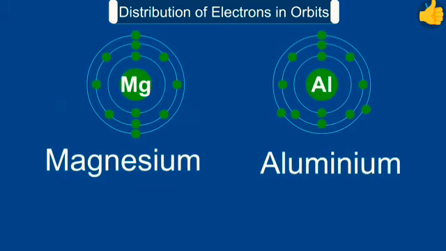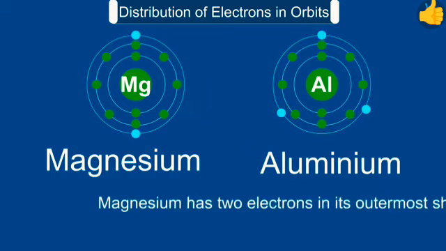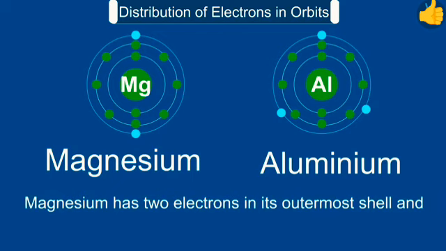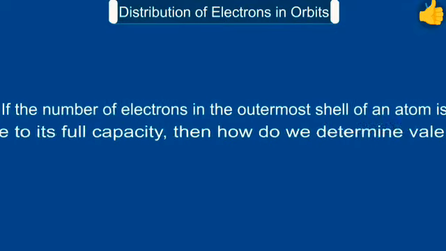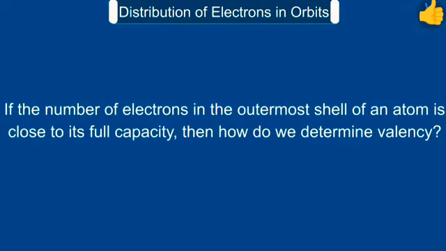Absolutely correct. It is 2 and 3 respectively because magnesium has 2 electrons in its outermost shell and aluminium has 3 electrons in its outermost shell.